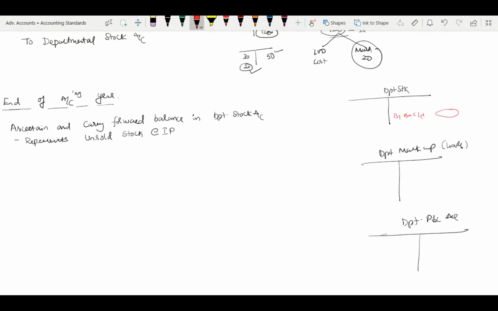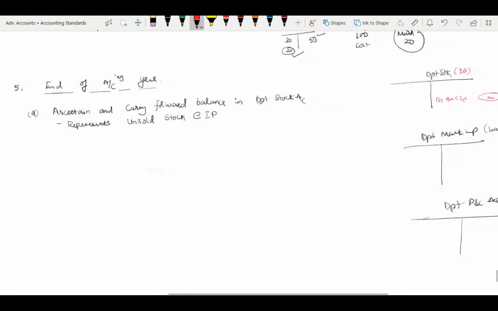This stock is at invoice price, so the balancing figure you get is invoice price. Now event B: what are you supposed to do? For this, no entry, my dear friend. This is just a balance, ascertain and carry forward, by balance carried down. It is not an entry.